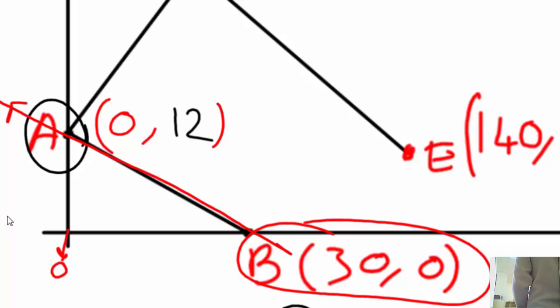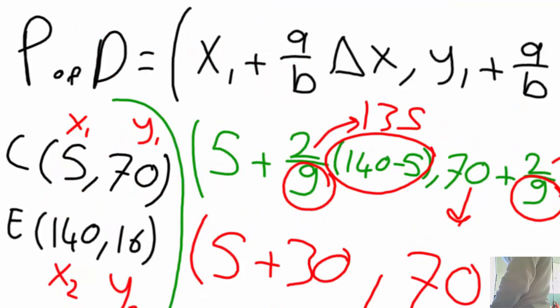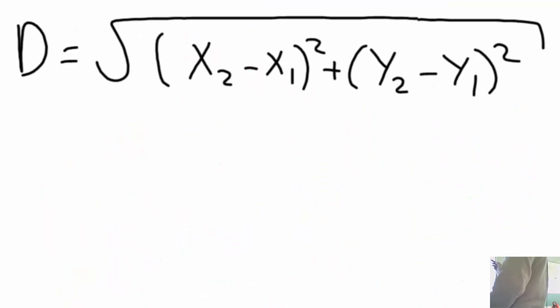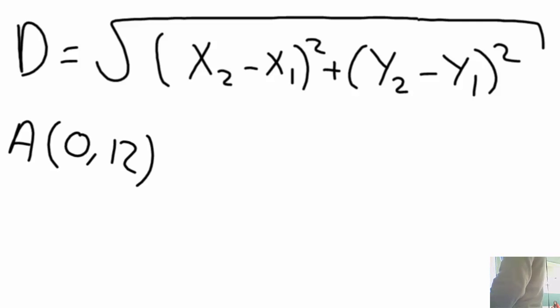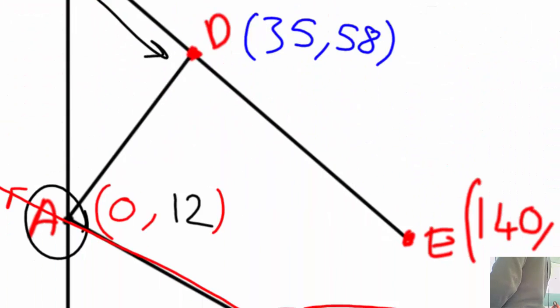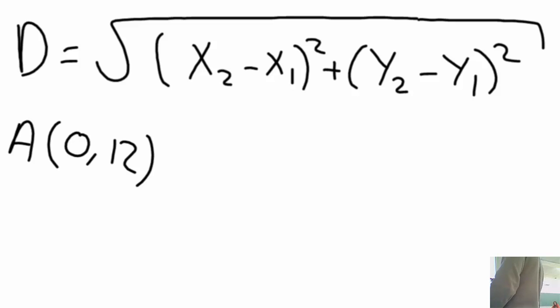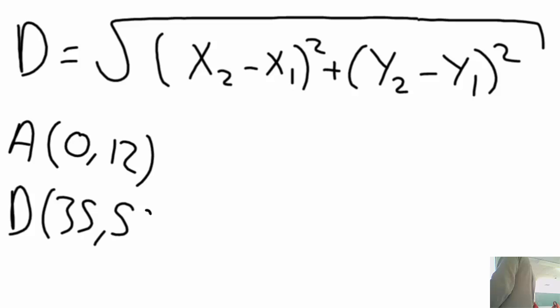Now everything becomes simple. I know the coordinates of A, so I'm going to write it up here. A is 0, 12. How about D? That's 35, 58.